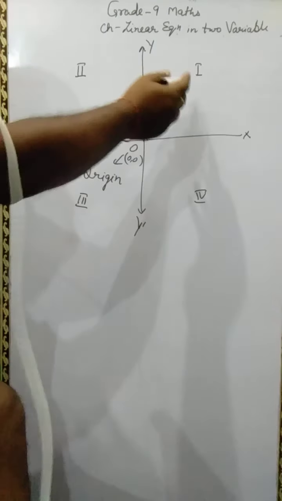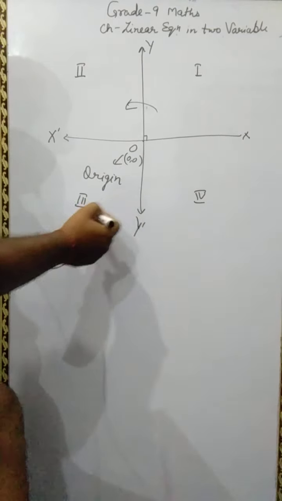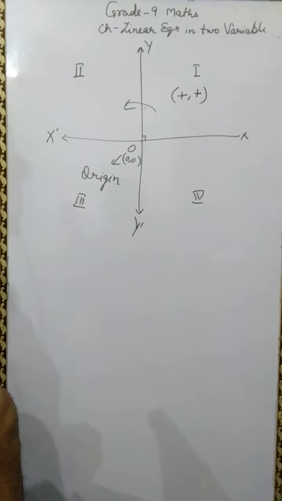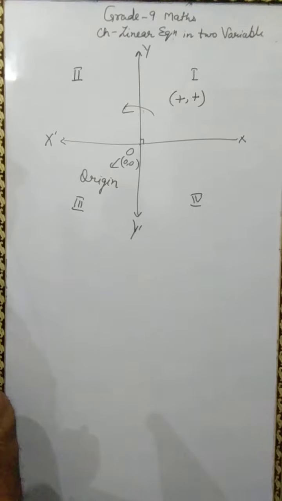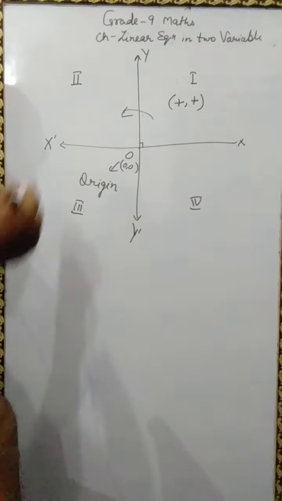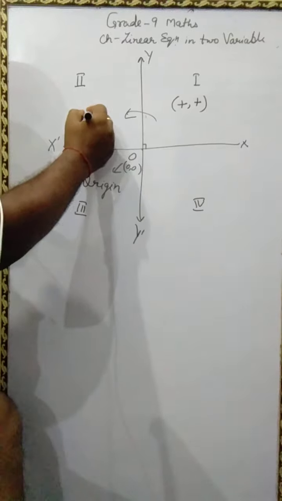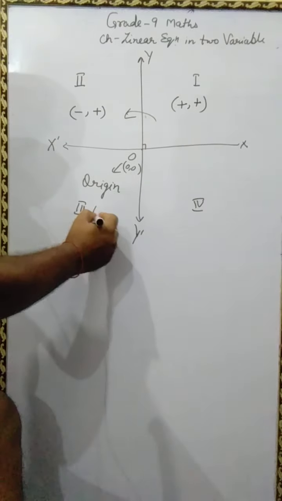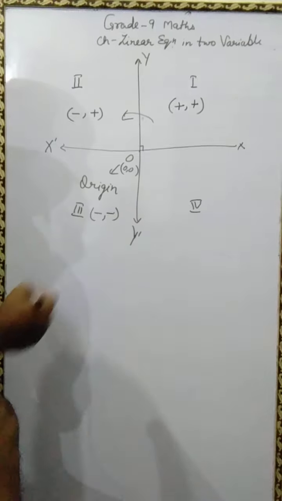This will be the first, this is second, this is third, and this is fourth. All the coordinates which lie in the first quadrant will be plus comma plus. In the second quadrant, minus comma plus. Third quadrant, minus comma minus.